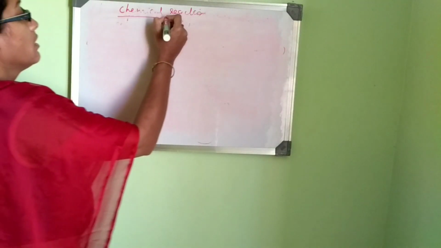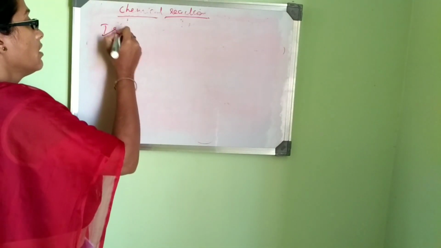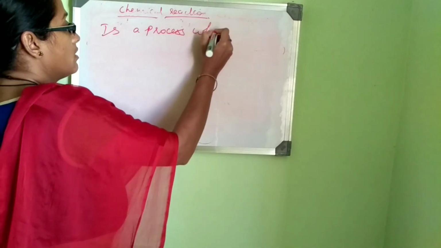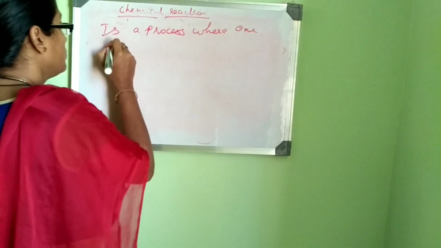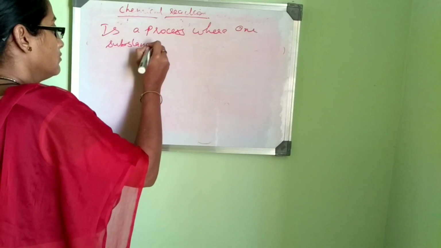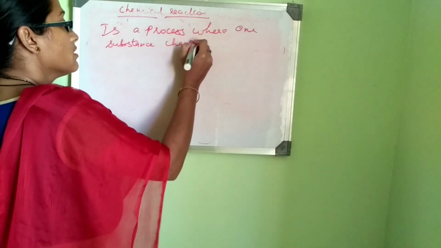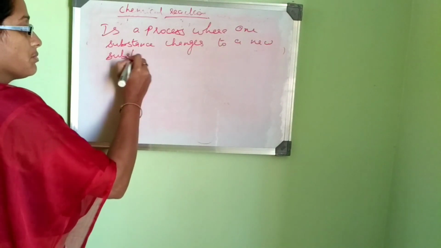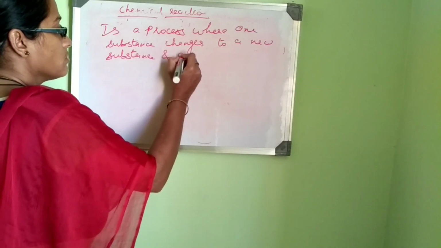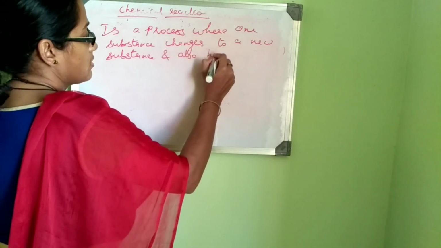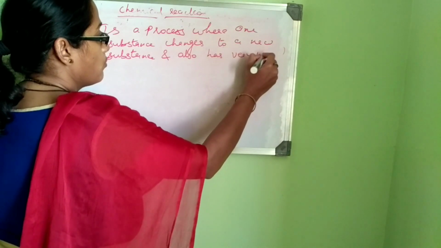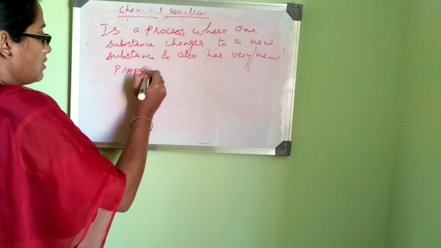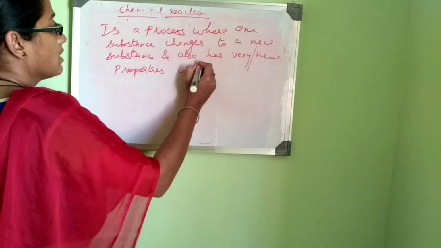A chemical reaction is a process where one substance changes to a new substance and also has new properties.